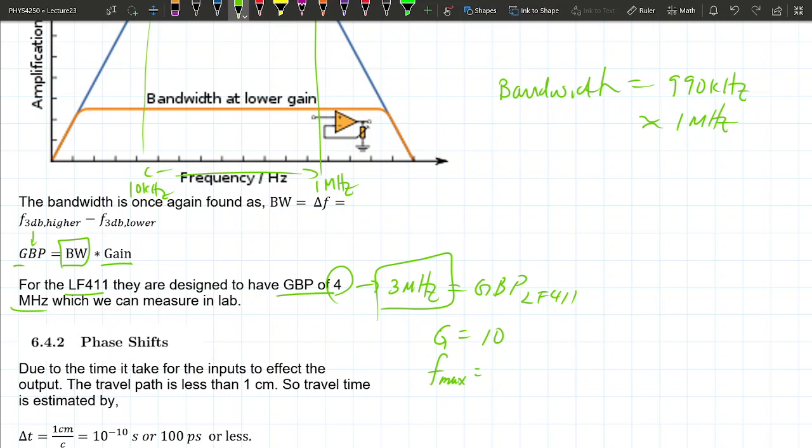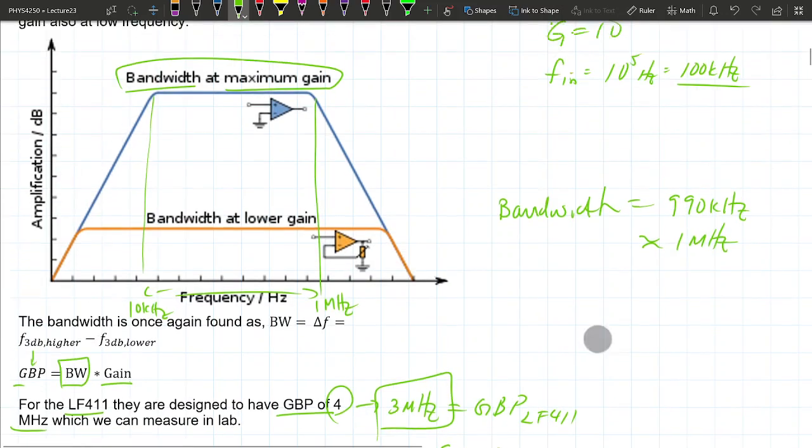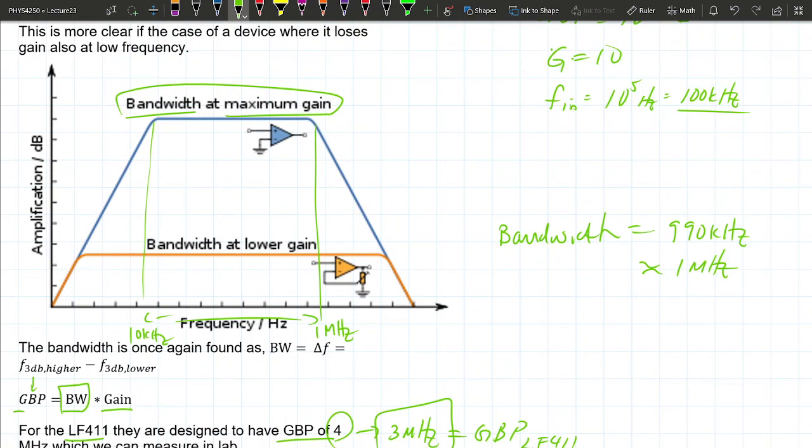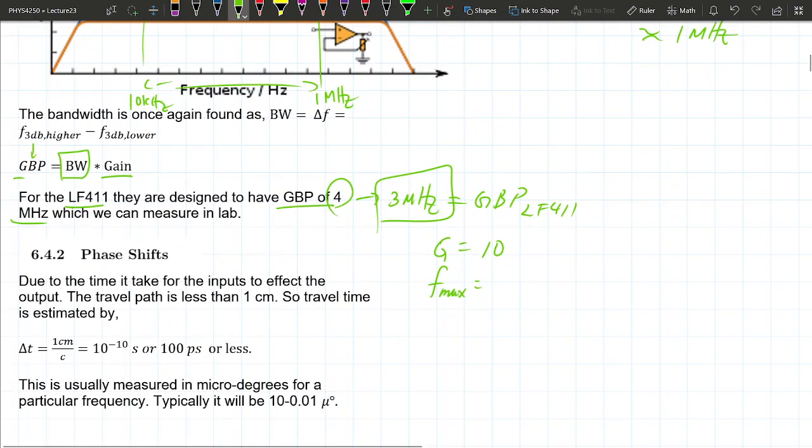Anyone wants to chime in and answer? 300 kilohertz, right? Because another way to think about this is that, well, if it's 1 megahertz, then it's 100, right? If it's 3 megahertz, then it's 300, or 300 kilohertz. Does that make sense?